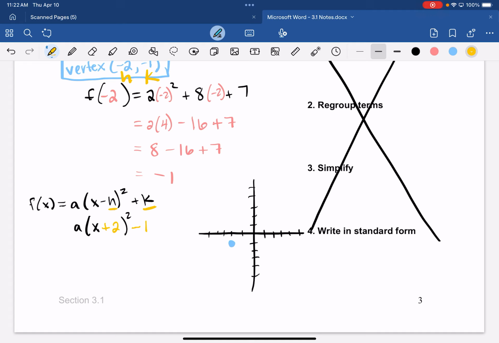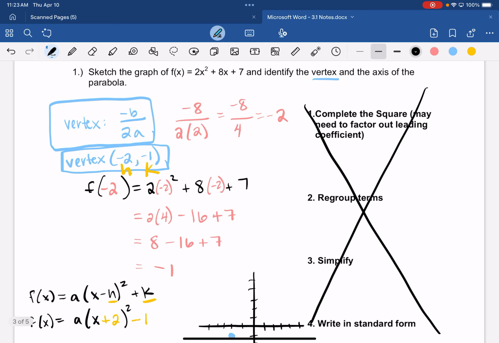So all we're doing is plugging our vertex into our vertex formula. Do we see how the signs flip-flop? That's the biggest mistake I see: kids will not change the signs if we have the negatives. Now our a value. What's nice about this one is someone already found our a value. It's given to us in standard form.